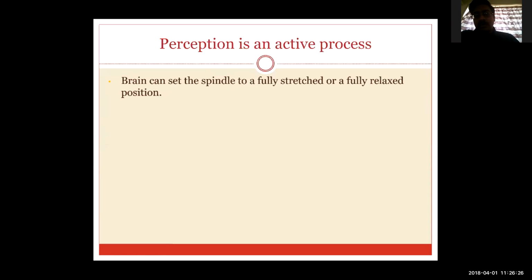The brain doesn't take all the information at all times. There are multiple systems at different levels which can prevent it, filter it. In the first lecture that Mr. Prakash had taken, we saw that there is a threshold. Only when you reach that threshold will it start sending impulses.